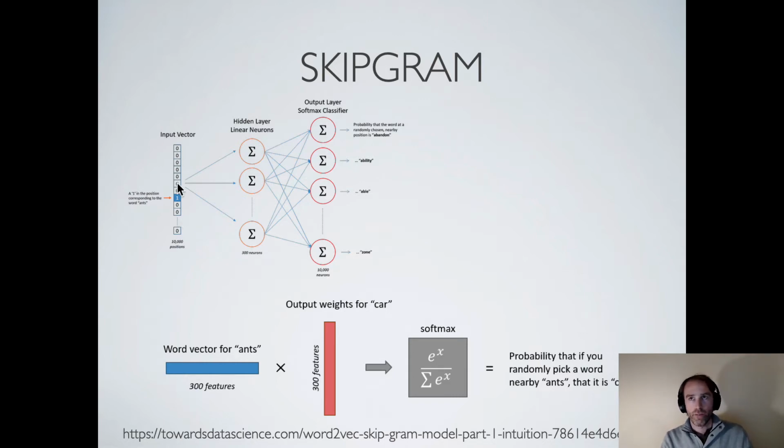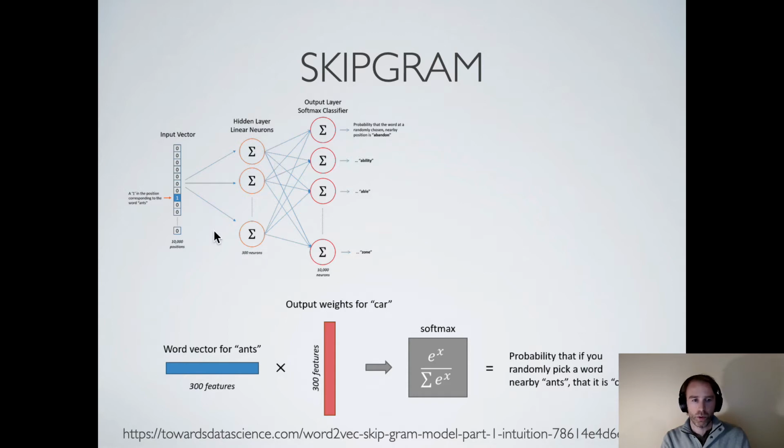If you have, in this case, 10,000 words in your corpus, then you will have a vector of size 10,000 with only 0s and a 1 corresponding to the position of the word you want to represent. Each word has a unique position. You put this vector as input to your neural network.